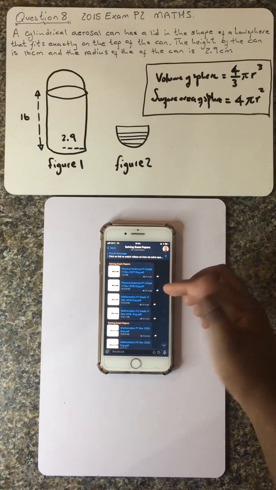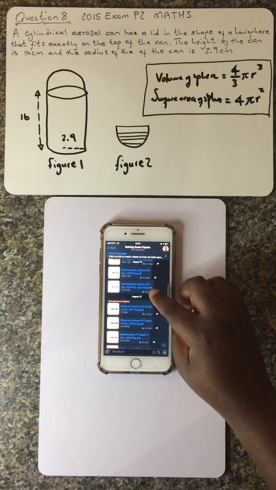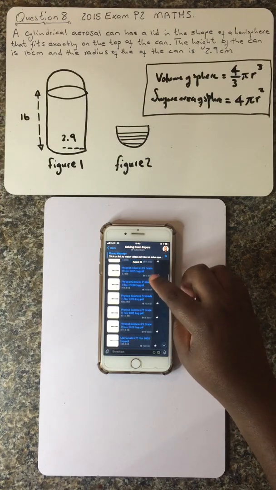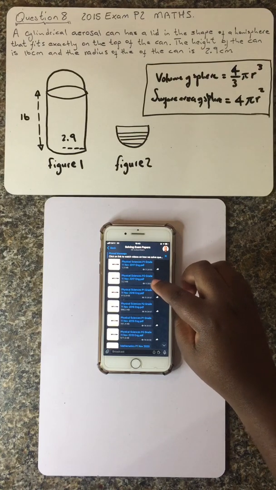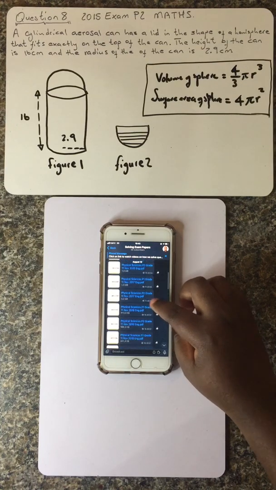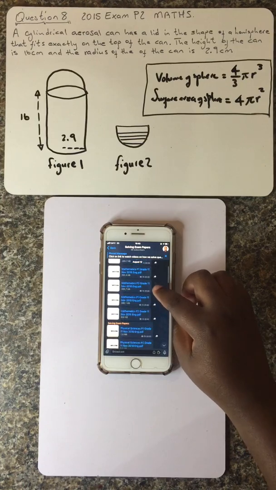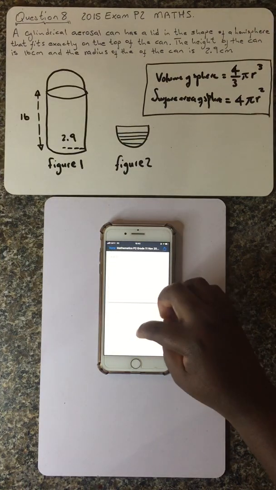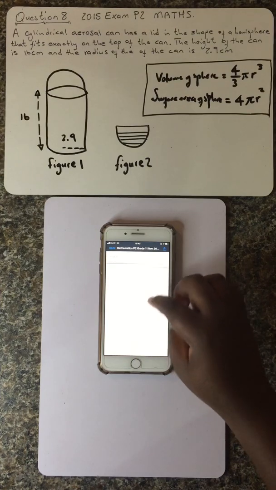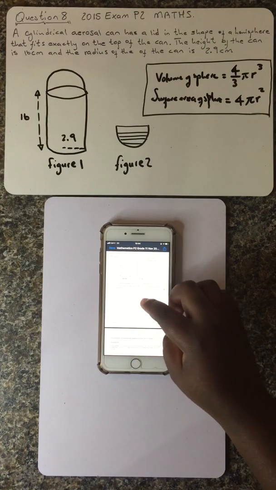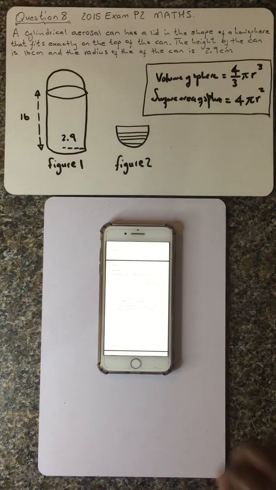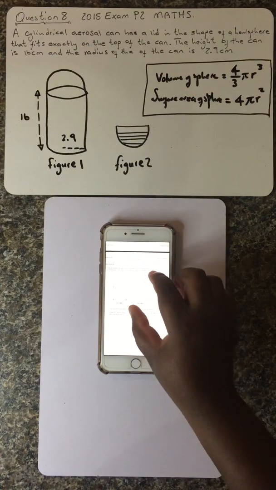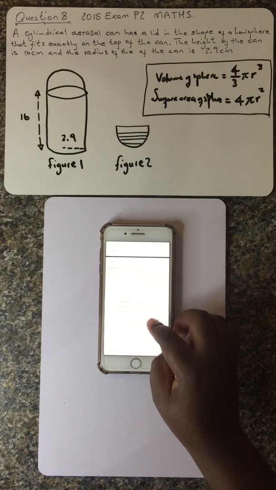Obviously I normally use my tablet, but I just decided to use my phone today so that you are able to see exactly where I get these question papers, because I've noticed most of you send me WhatsApp texts requesting these question papers. This is where I'm getting all of these question papers that I'm treating.